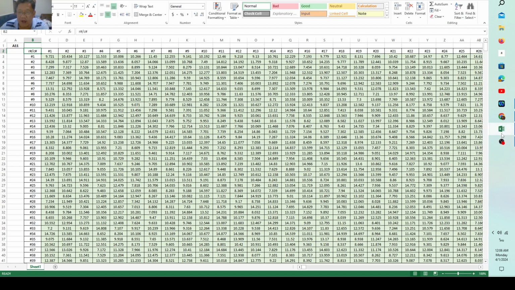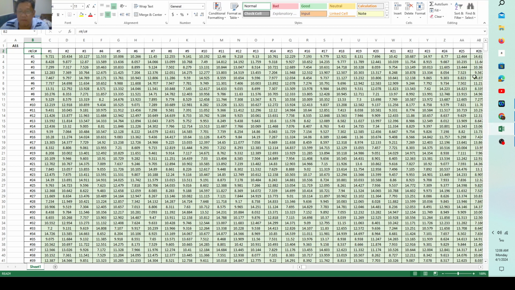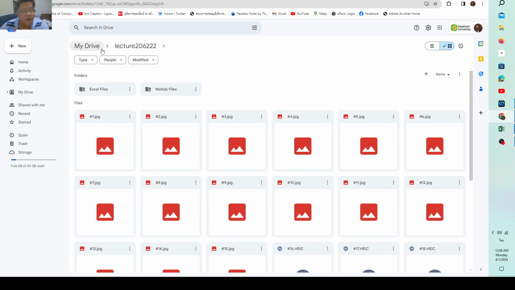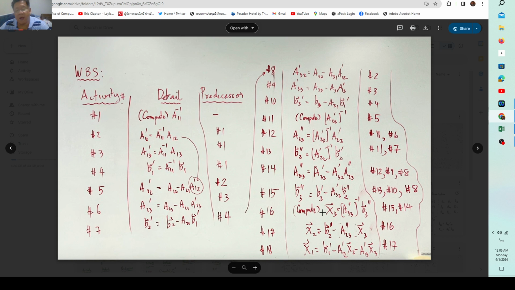And then if you match each spreadsheet file here with the concept of this work breakdown structure of solving the submatrices partitioning linear equation, like this one, step one, you can start with the inverse of A11.